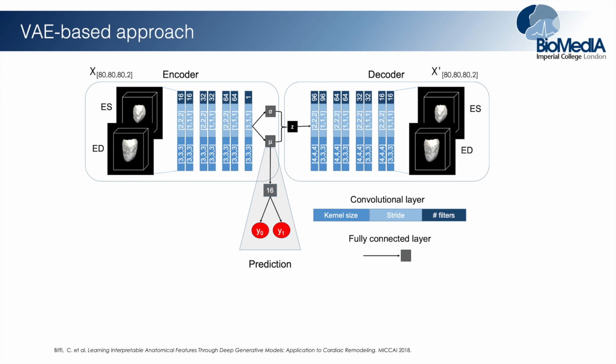Then, from this latent distribution, we want to reconstruct the shape that we provided at the input, and also we want to classify whether the shape looks healthy or pathological.